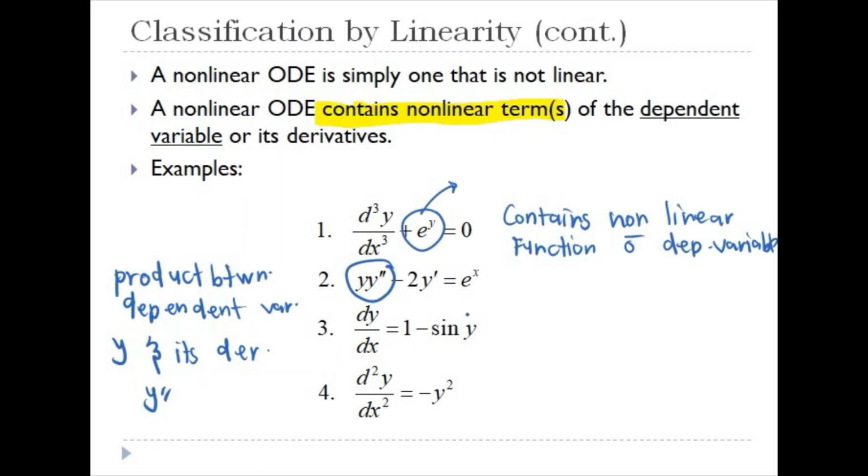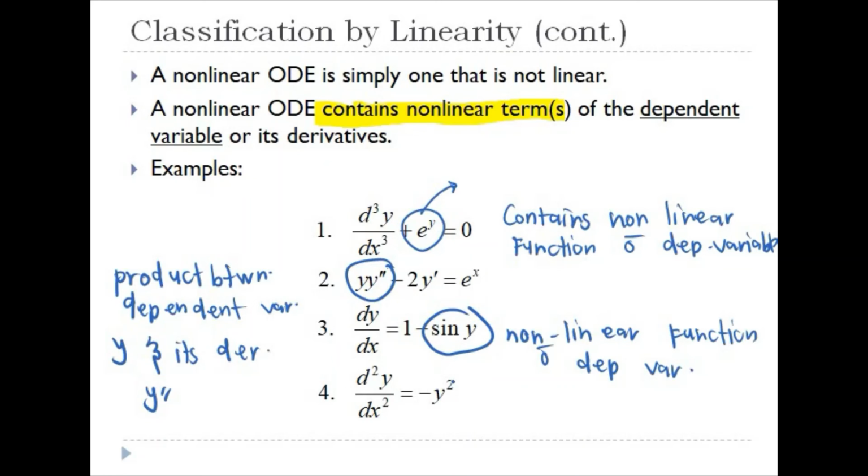For the third example, similar to the first example, it contains a nonlinear function of the dependent variable. If we change it to x, it becomes linear because x belongs to the independent variable. Because y is the dependent variable, sine is a nonlinear function, so it becomes nonlinear for this example.